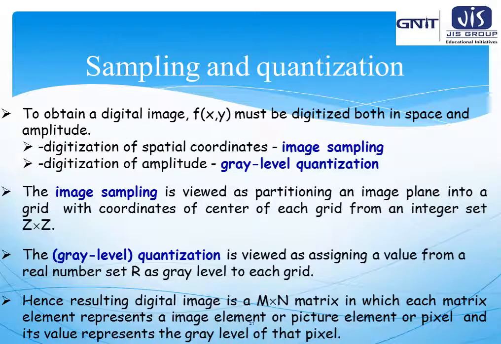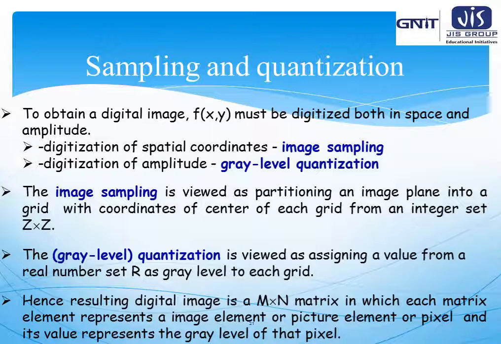To obtain a digital image f(x,y), we have to know sampling and quantization. So to obtain a digital image, f(x,y) must be digitized both in space and amplitude. The digitization of spatial coordinates is known as image sampling, and the digitization of amplitude is known as gray level quantization.